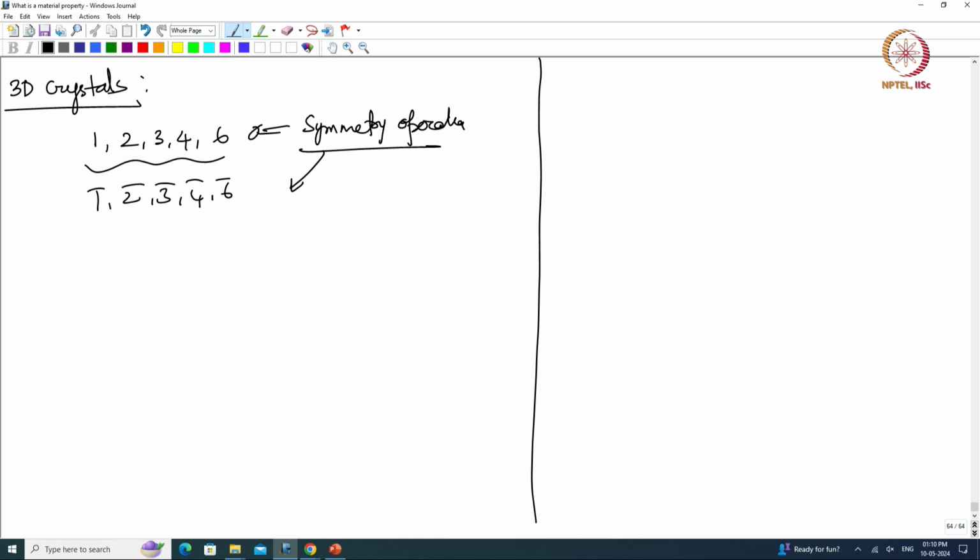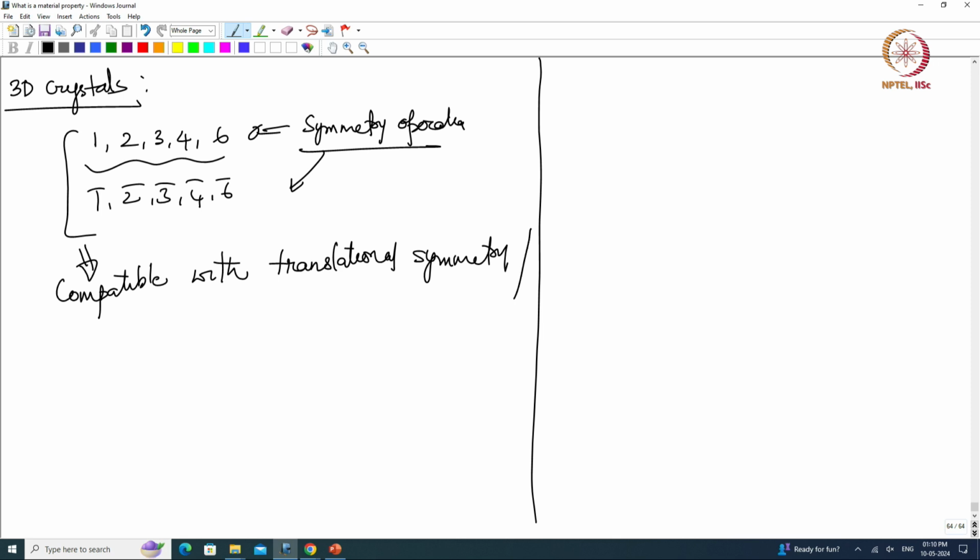These are symmetry operations, but all these operations are compatible with translational symmetry, or the periodic nature of the crystal.